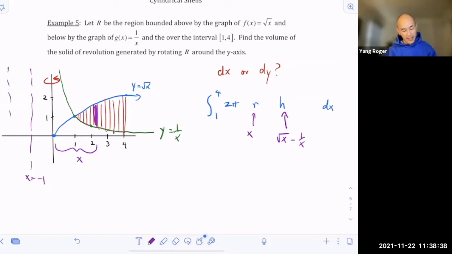If I had it over here, then it would be x plus 2. But when we don't move the axis of rotation, the radius is just going to be x. Does that make sense? Okay.